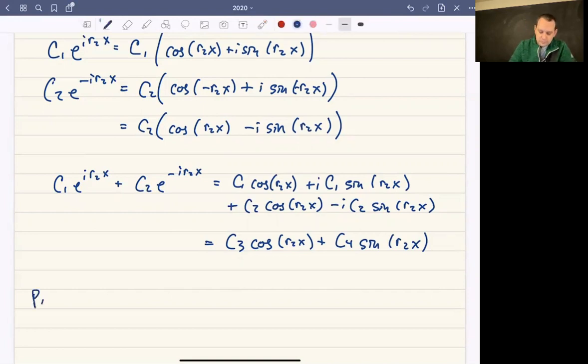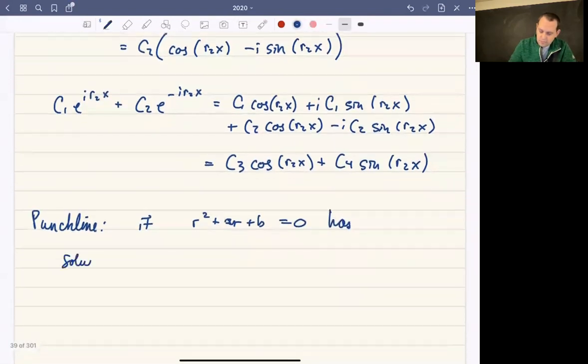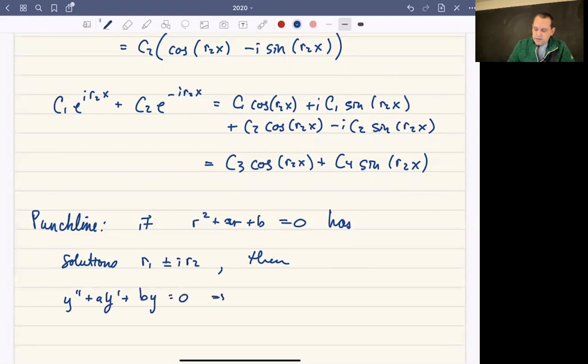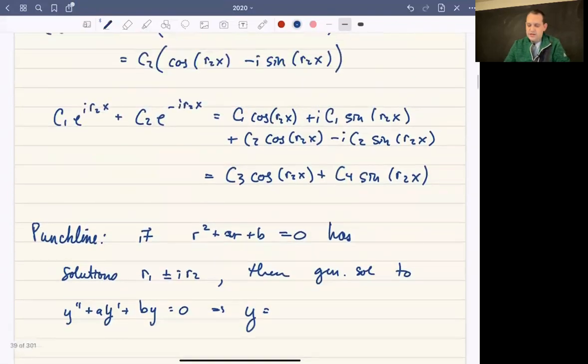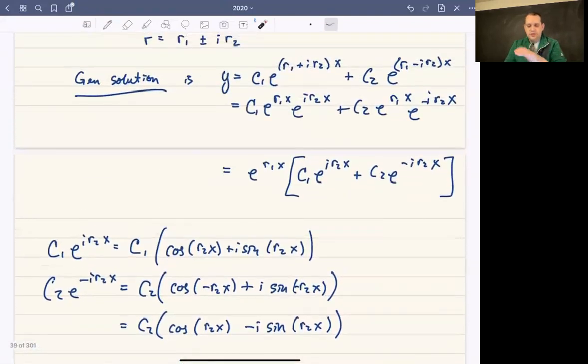Finally, here's the punchline. If R squared plus AR plus B equals 0 has the solutions which we called R1 plus or minus I R2, then the general solution to the differential equation is going to be, let's see, I need to go back and look just to show you what all the pieces look like.